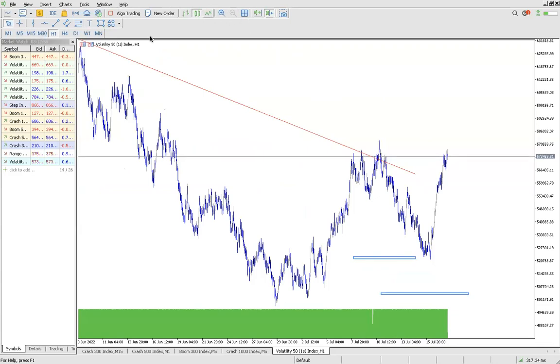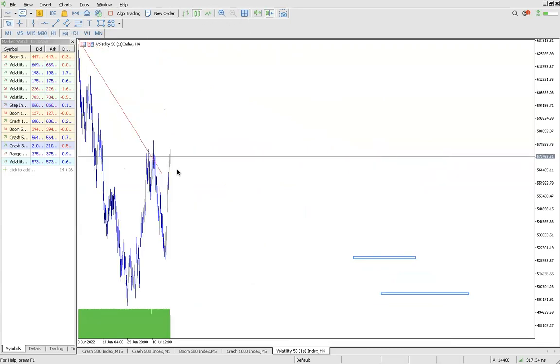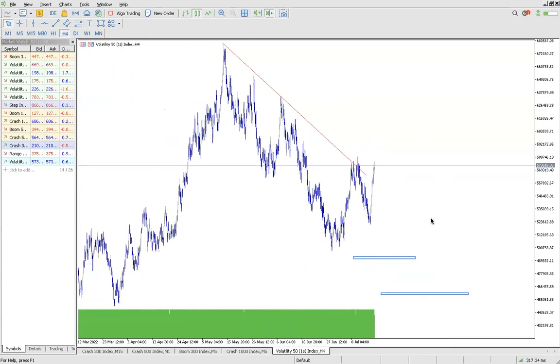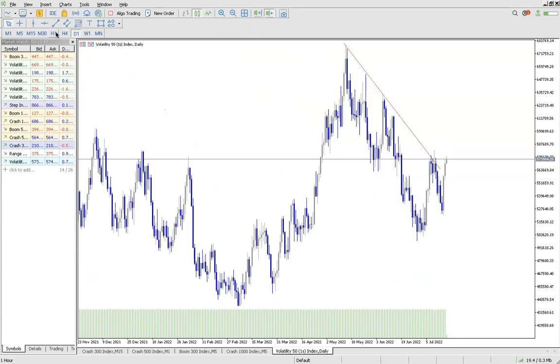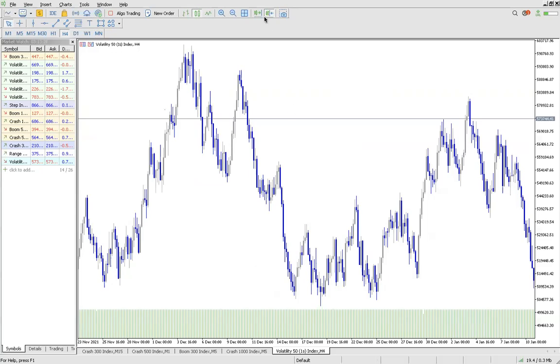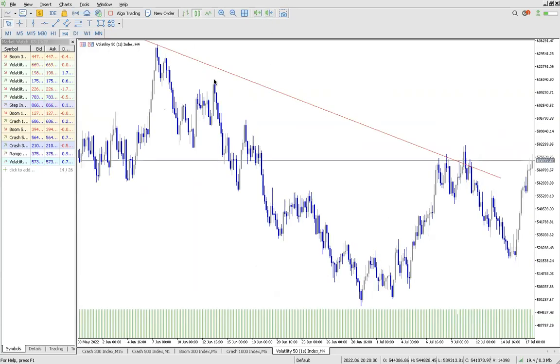My entry was here, as I said. Let me mark it using MetaTrader.